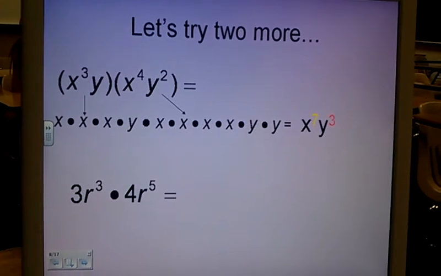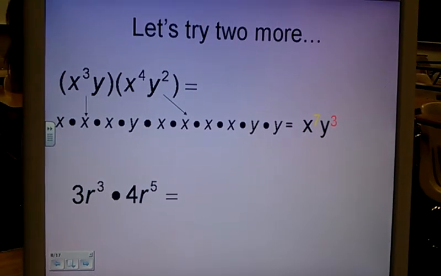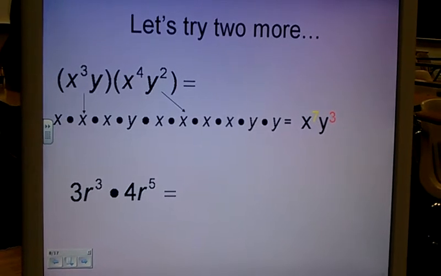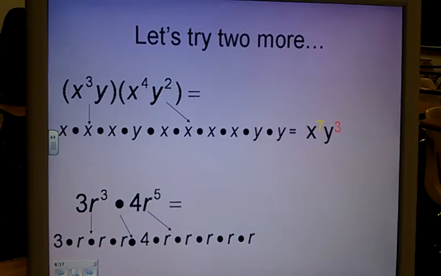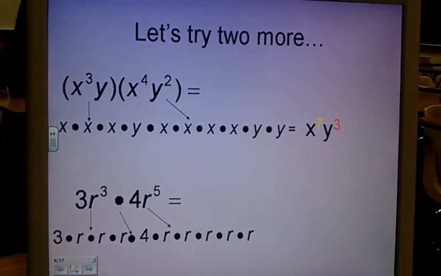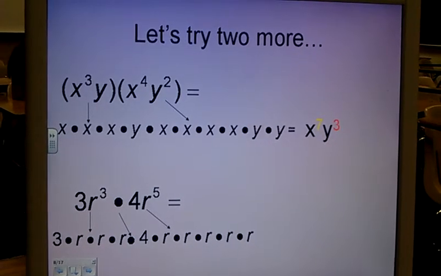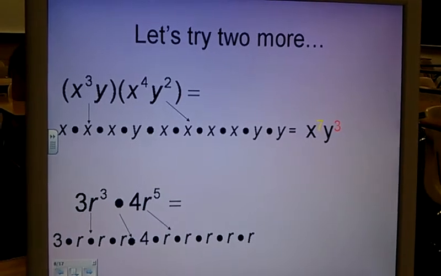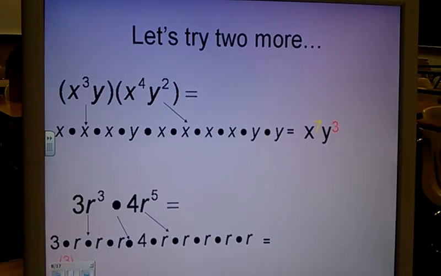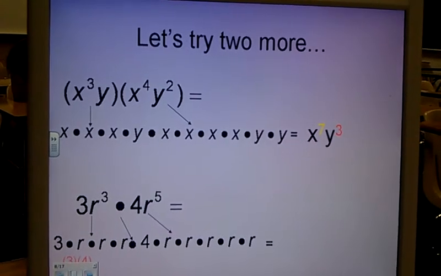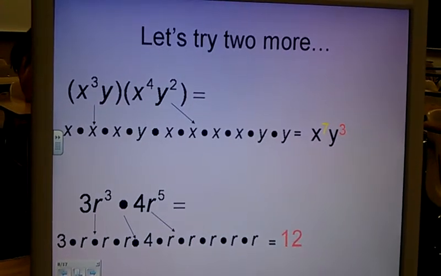On the next problem, you notice you have 2 coefficients. 3 times 4, you treat that as normal. First I guess we'll write them out. 3, and then r to the 3rd power means 3 r's. And then 4 and r to the 5th means there's 5 r's. 3 times 4 gives you 12.